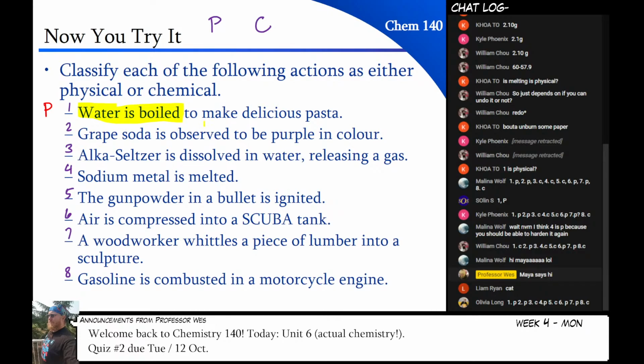For the second one, we observe something to be purple. Now, if I observe that it's purple, my act of looking at it and perceiving it does not cause it to change in any way. Not unless I have, like, Superman crazy X-ray eyes or something, which, in that case, see your doctor.